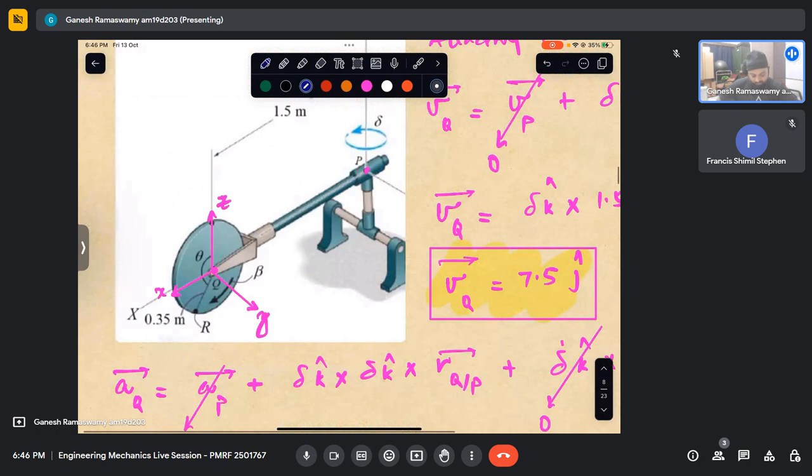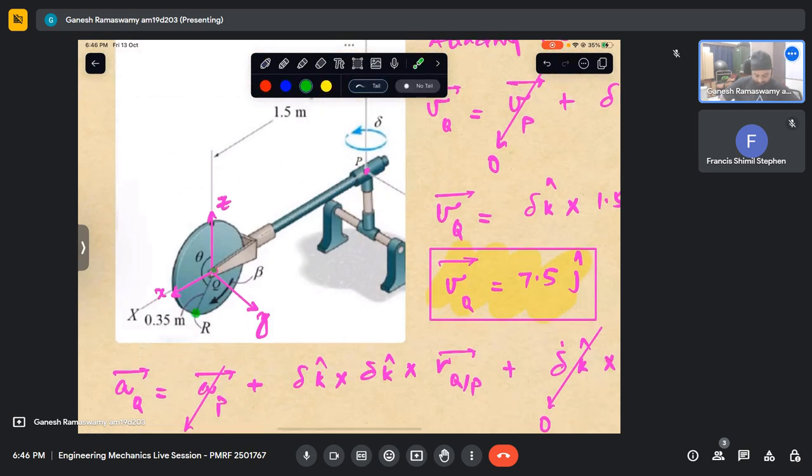When we sit here and look at it rotate like this, by virtue of this beta rotation, this point will have a velocity like that. That velocity, if we resolve into x and z components, we can see that x and z component both have to be positive and equal by virtue of the angle being 45 or 135.